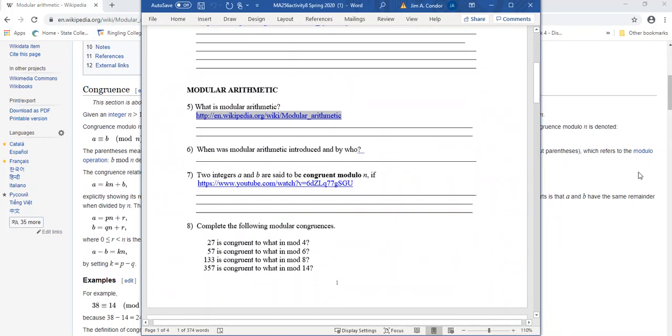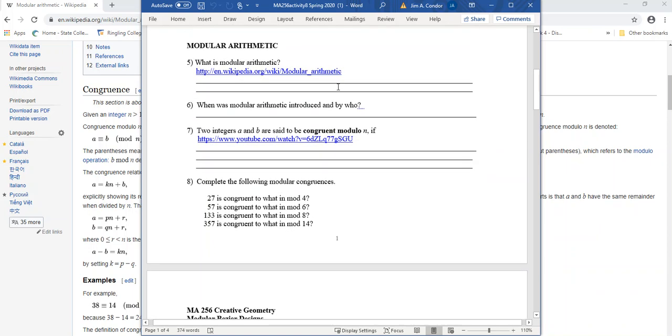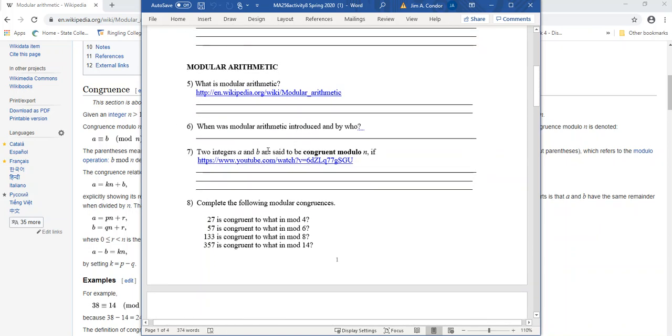And so we have this arithmetic, this rotational wrapping around of numbers. And again, we talked about who introduced it. It says here, two integers A and B are said to be congruent if, and there's a video here you can watch, and he goes through and explains 3 different ways you can view that. But what I want to show you is, again, just the mod clock, because that's all we're going to talk about today.